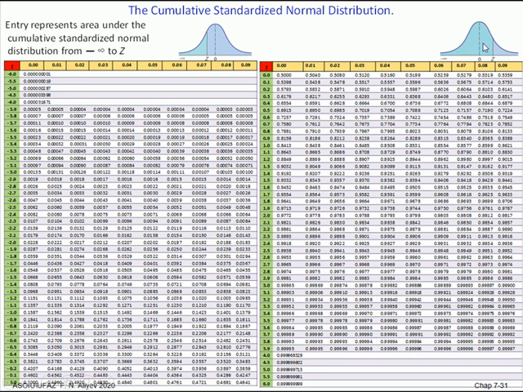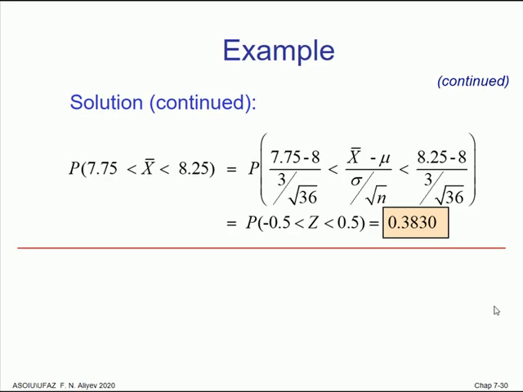So you have this area, you have this area. If you subtract, you will find the probability of z being between these two numbers, and we get at the end the probability of z being between these two numbers as 0.3830.